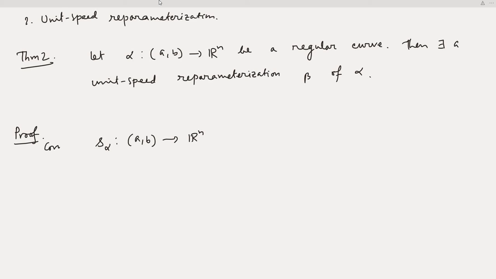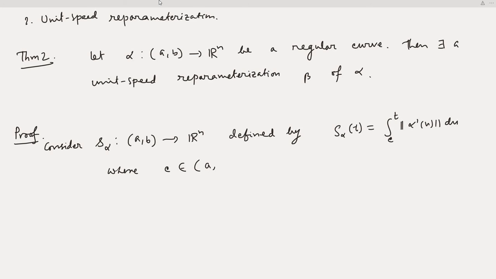So consider the arc length function, which is defined by S alpha of t equal to integration, with upper limit t and some base point c, of norm of alpha prime of u du, where c is some fixed base point in the domain, the open interval (a, b).